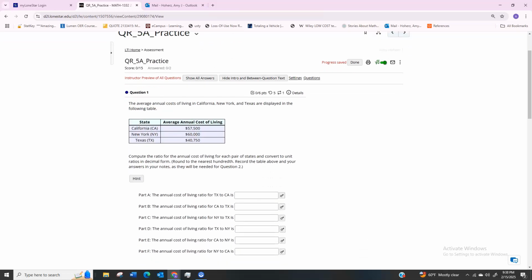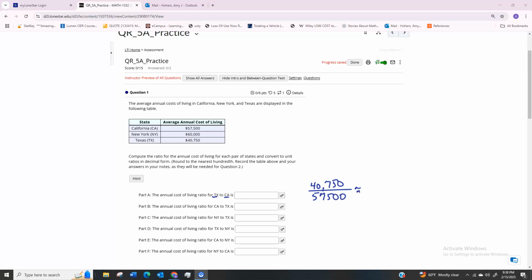What we're trying to do here is, it wasn't really the first question that anybody had problems with, but I'll just explain real briefly where these come from. If it says, in this case, Texas to California, then you're going to take Texas, which is 40,750, and you're going to divide it by California, which is 57,500.